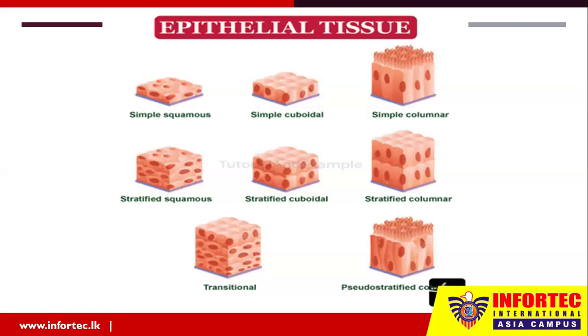The final one, the pseudostratified, looks like layers but isn't, right? Although it appears as multiple layers, all the cells are bound to the basement membrane, right? So the pseudostratified epithelium we can see in our respiratory tract.